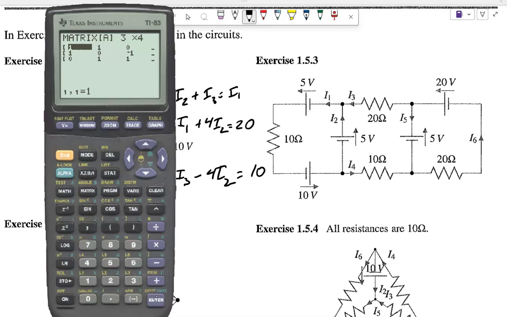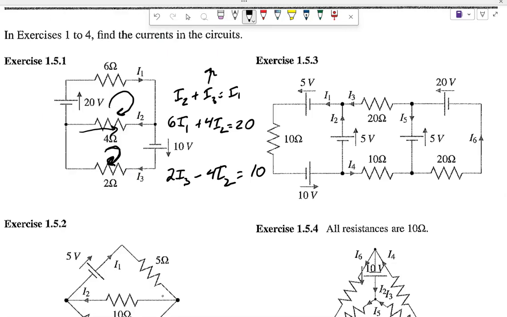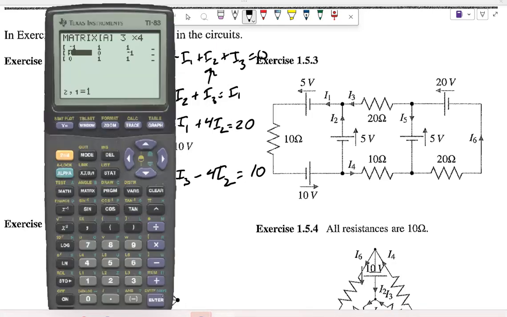So you're moving the I1 to the other side. That's perfectly fine. Yep. -1, 1, 1, 0, right? That would be taking this equation here and subtracting I1 to the other side, right? You could have moved the I2 and the I3 over as well. Either would have worked.